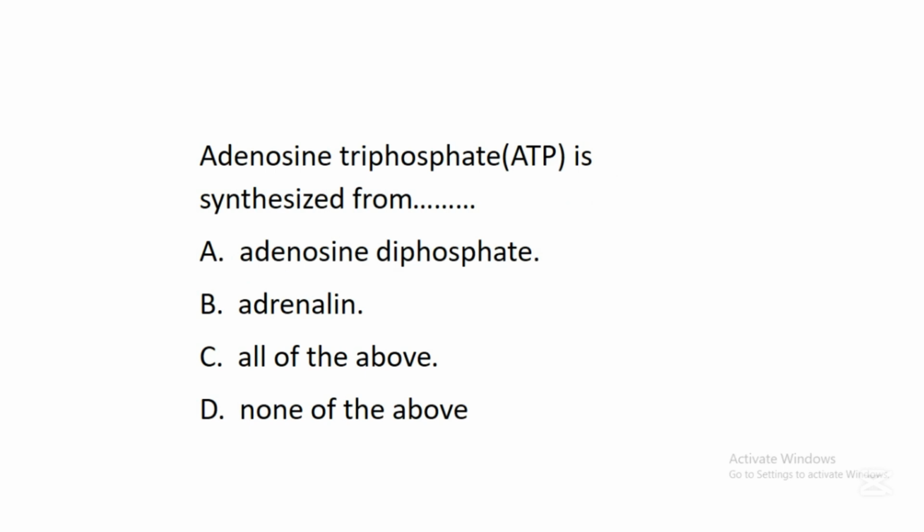The next question says, adenosine triphosphate ATP is synthesized from dash. A. Adenosine diphosphate, B. Adrenaline, C. All of the above, D. None of the above. In this question, the correct answer is A, adenosine diphosphate. So adenosine diphosphate is the compound where ATP is produced from.